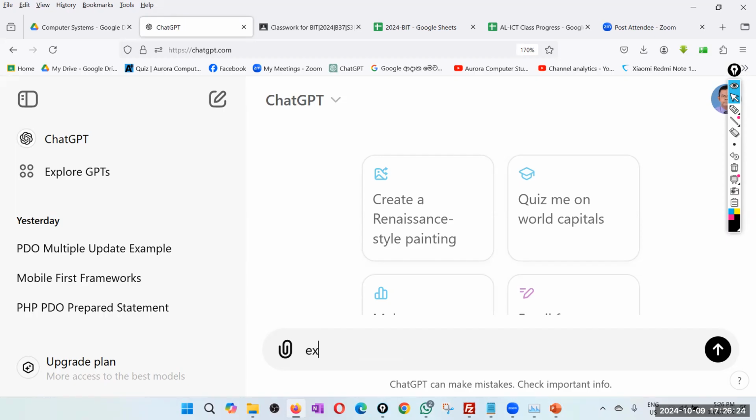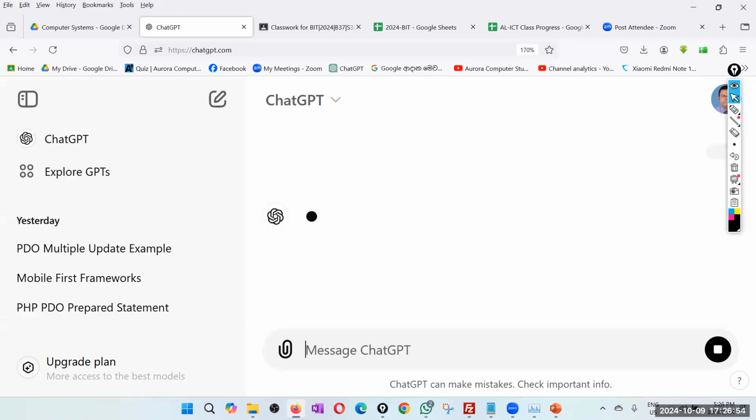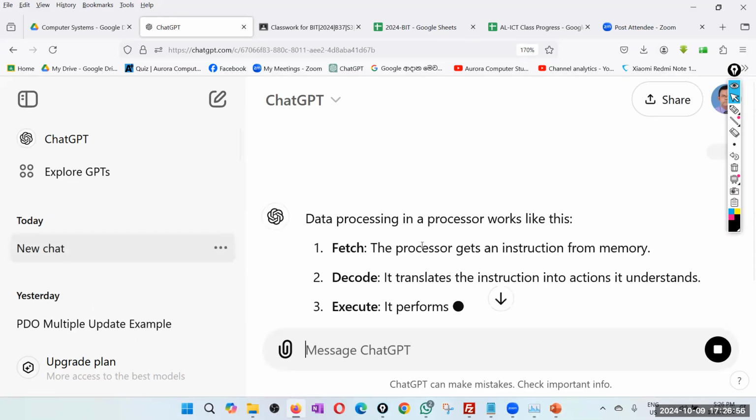Explain how data is processed in the processor in a simple and short way. And see whether you get a better understanding.